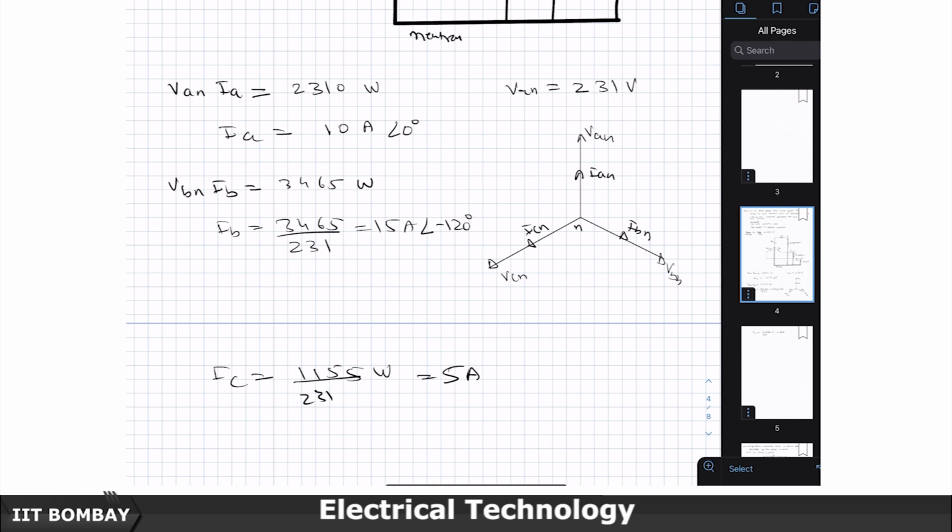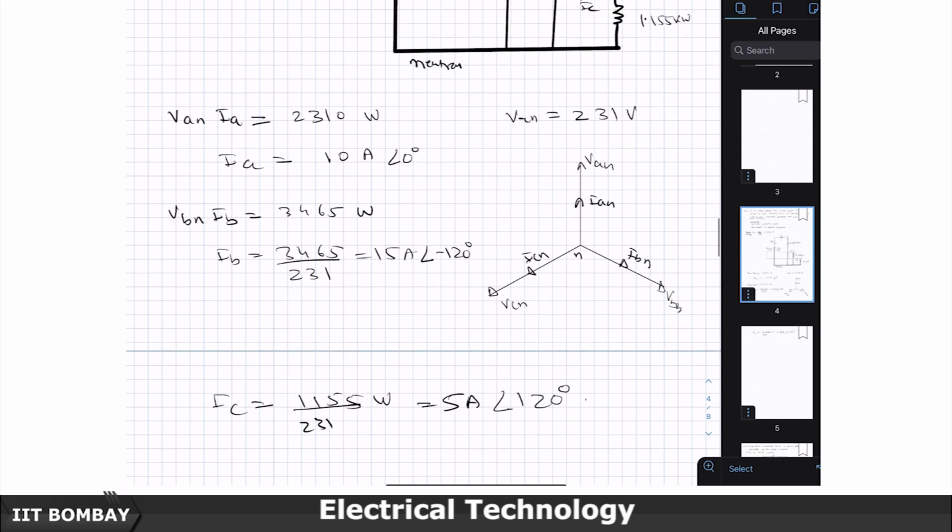Because it is a resistive load, it is in phase with VCN, so it leads by 120 degrees. So, this is what IA, IB and IC are going to be.